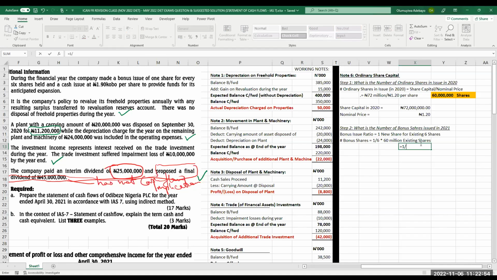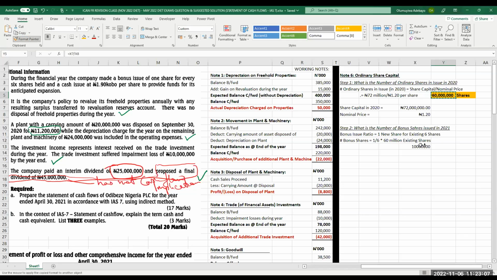That is 1/6 multiplied by 60 million. What do you have? 60 million divided by 6. Okay, what do you have? You have 10 million shares. And these 10 million shares, because it's bonus, step 3.